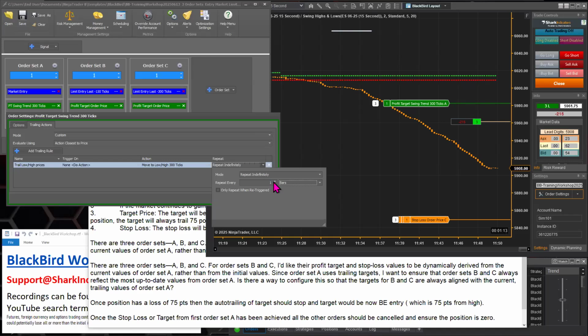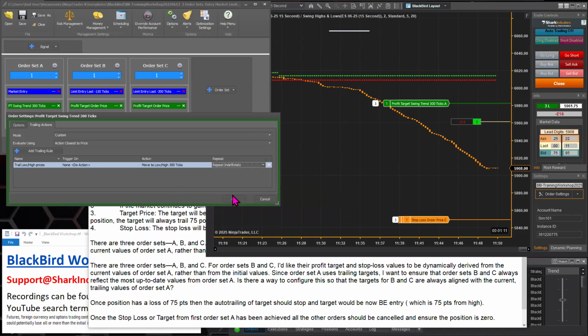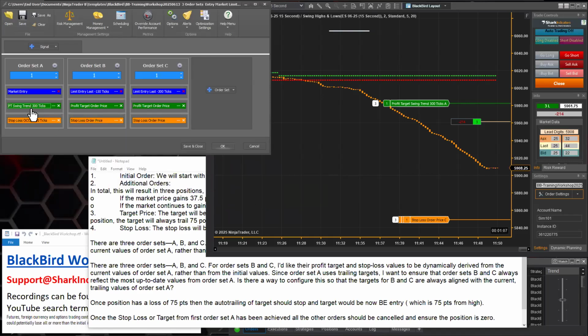And then the last component for the trailing roll is to decide whether to let the profit target update once per bar, or do you want to go with once per point of movement or once per tick of movement? All right, so that's our initial profit target. And then the scale-in profit targets.